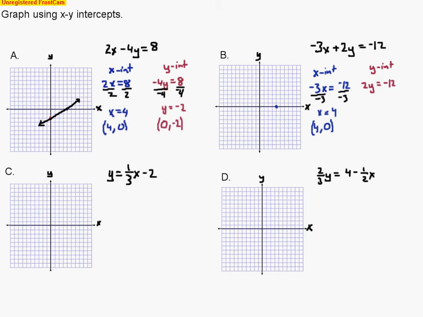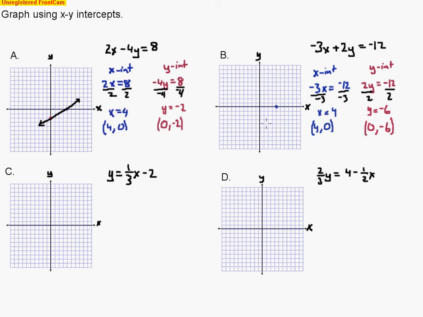So I go ahead and divide by the coefficient again, which is 2, and it gives me my y value. So y equals negative 6. So remember, I put in a 0 for x. So when x is 0, y is negative 6.